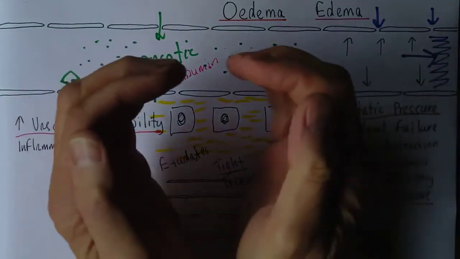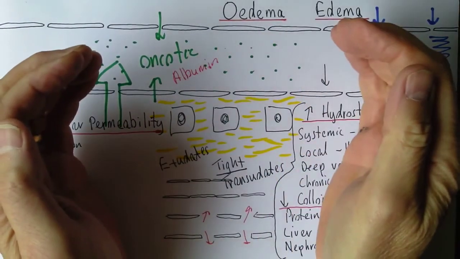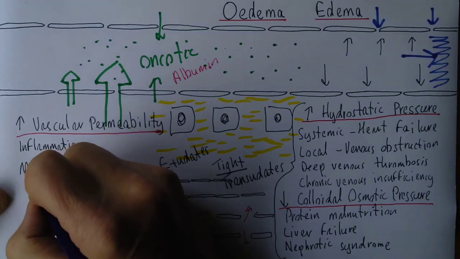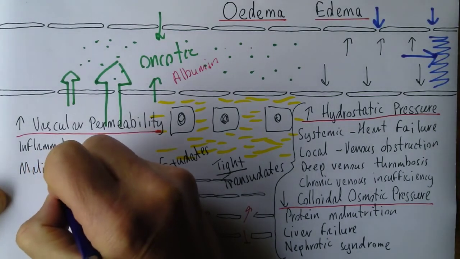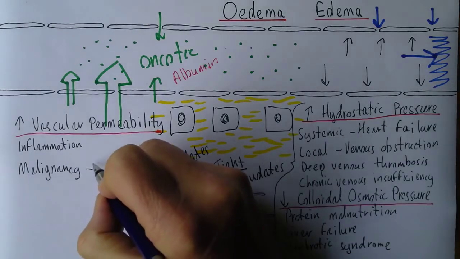So if you think about the individual cells, if the capillary is going to dilate, it's going to increase the size of the gaps. There's going to be inflammation. So there could be peritonitis, tuberculosis. And this also occurs in malignancy. So for example, you might get a pleural effusion.